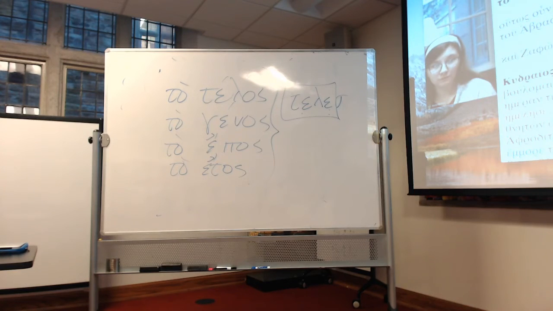Another, yes, another muthon, another story. Muthos is what we get this from. Another story, peri ton theon, about the gods, exegesthai boulomai. Boulomai, what? I wish. To tell, to narrate. Yes, very good.